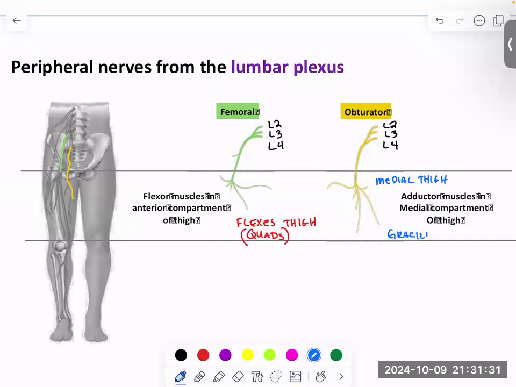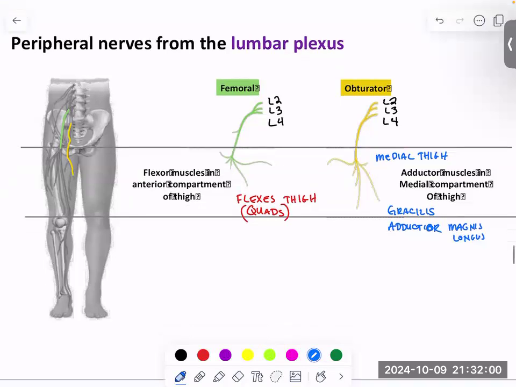Excellent. And adductor magnus and longus. Those are on your list for lab. The obturator nerve powers those muscles. Again, I apologize about the symbols. I don't know what happened, and it only happened at this part.